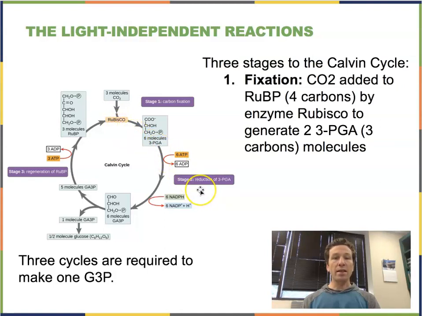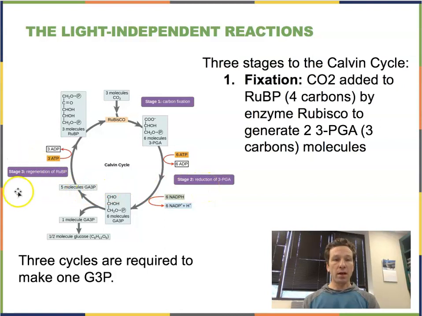Next, we have the step where the molecule that results, PGA, is built up into a higher energy compound, and we add some high energy electrons. And so this is called step 2, the reduction of PGA.